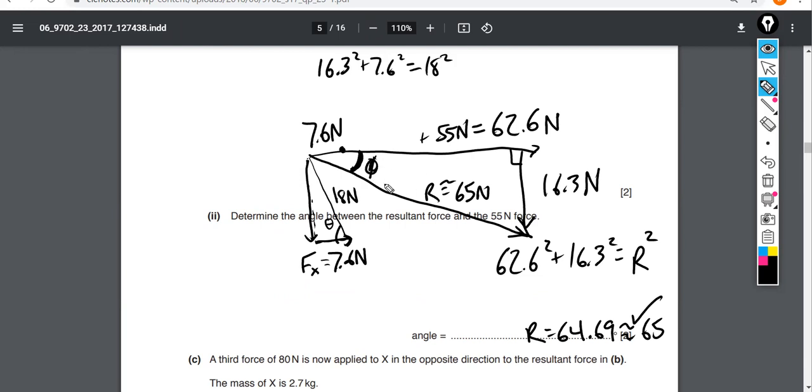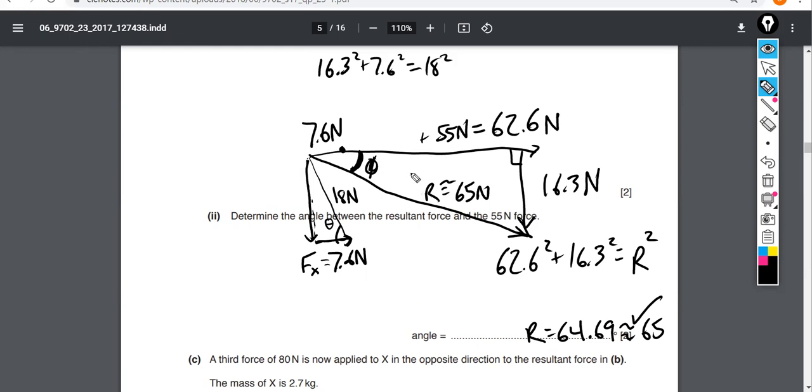All right, so there's an angle phi that we need to solve for, because that's the angle that the resultant makes with the 55 Newton force. We could translate this resultant down to where the 55 Newton force was, or move the 55 Newton force up like it's here. The important thing is that it's relative to the horizontal.